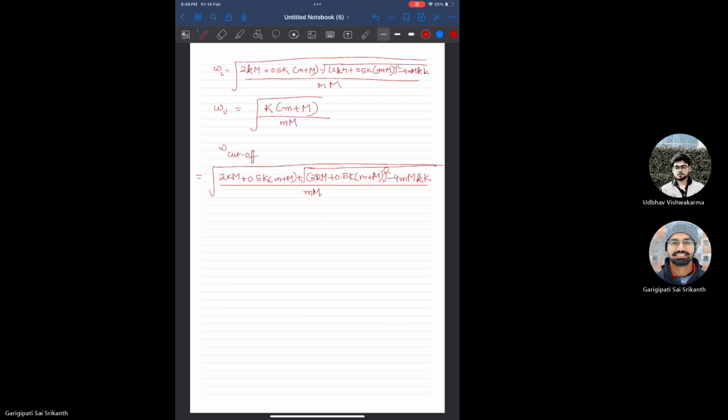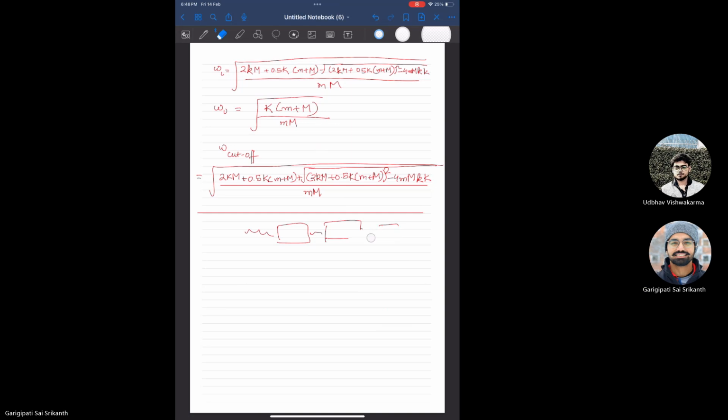Within these systems, if you notice, what we have done is assumed some chain like this: some unit cell, some connection, some unit cell, some connection, something like this.